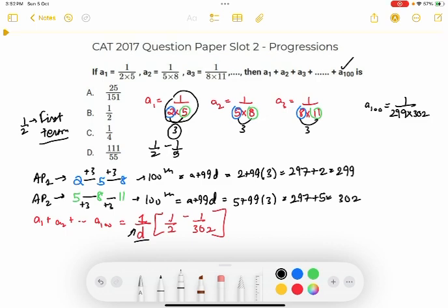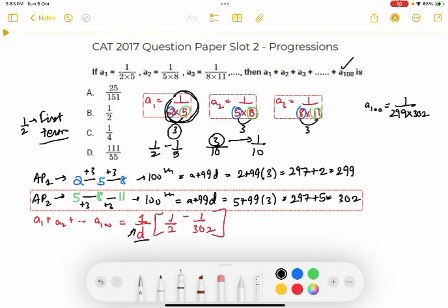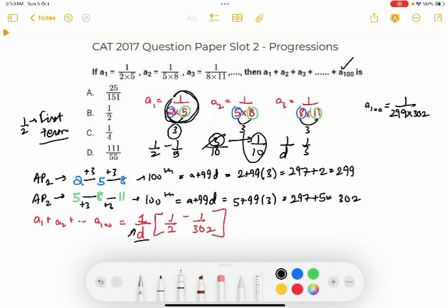I'll solve this for you. If we solve it out, 5 into 2 is 10, and 5 minus 2 is 3. So we get 3 upon 10. There is a difference of 3, so what we do is write 1 upon the difference, that is 1 upon 3, and then the 3 cancels out, so it becomes 1 upon 10. That is the main logic behind this.